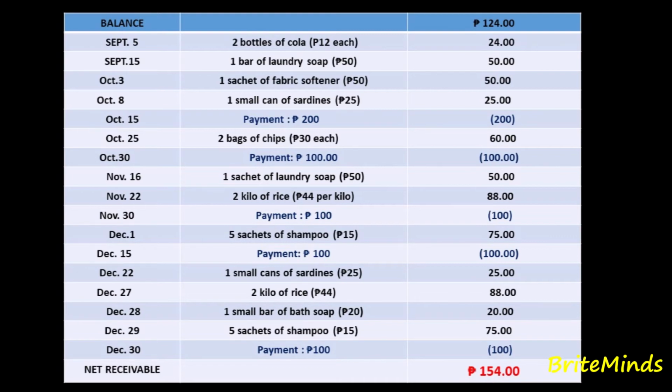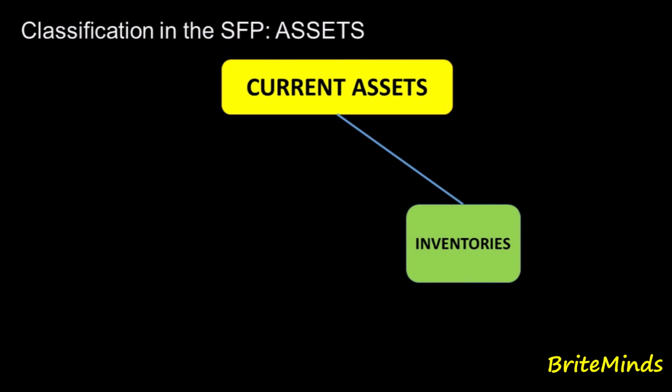And on December 30, she paid 100 pesos to Friendly Convenience Store. So the account receivable for the Friendly Convenience Store is amounted to 154 pesos.